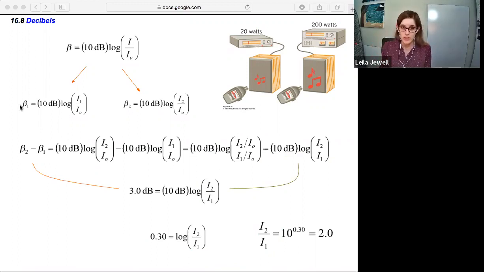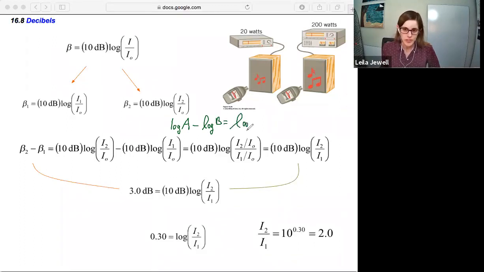So if I have beta 1 and beta 2 written in terms of I1 and I2, I'm going to do beta 2 minus beta 1, which is written out here, and then we can use our logarithm rule, which says that if we have the log of A minus the log of B, then that is equal to the log of A divided by B.